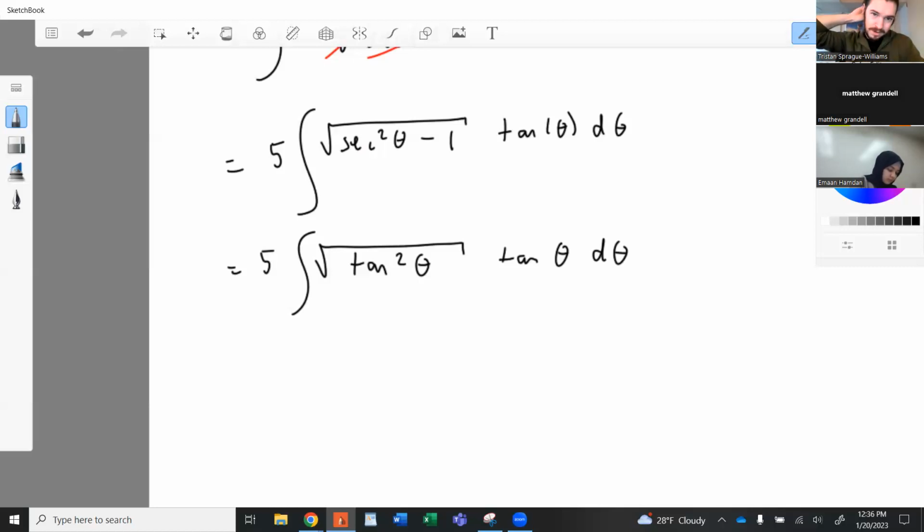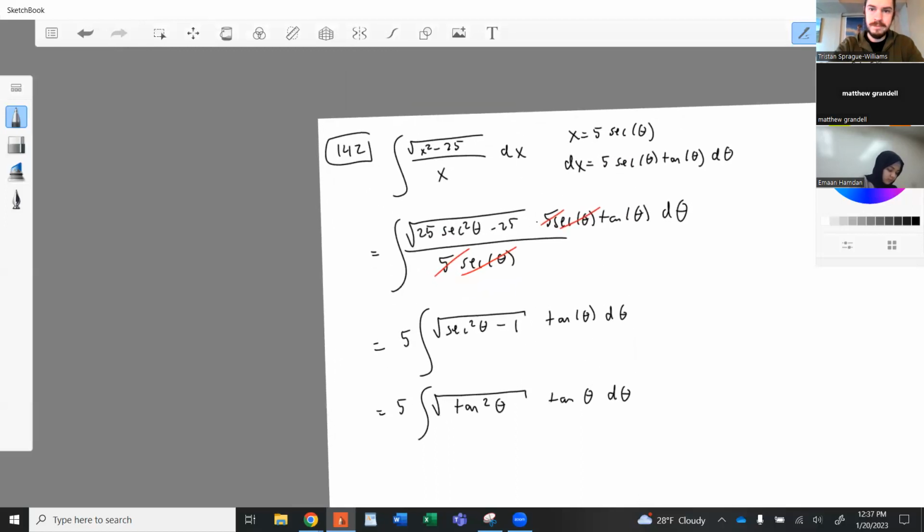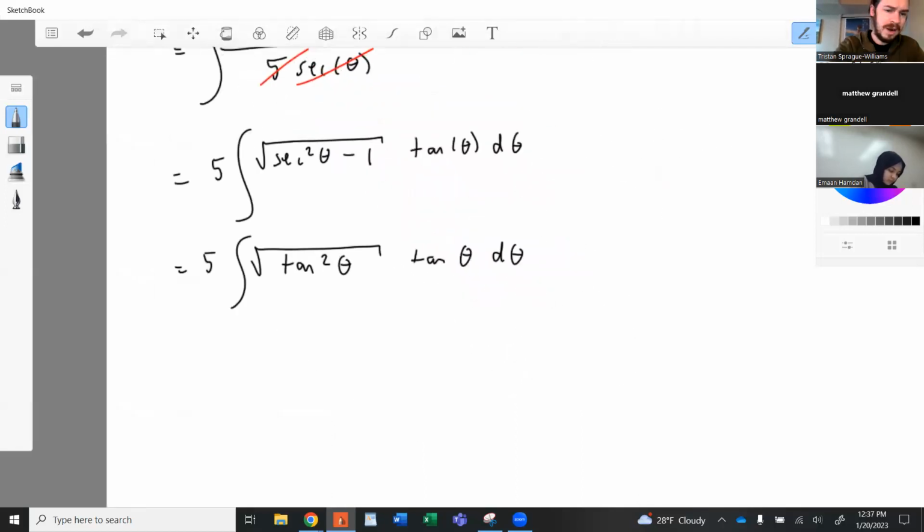The only time it matters is, well, like I said, I don't want to get into that right now. So let's not worry about that at the moment. For now, we will treat this as canceling out directly and giving us tangent of theta times tangent of theta. So we end up with tangent squared, right?